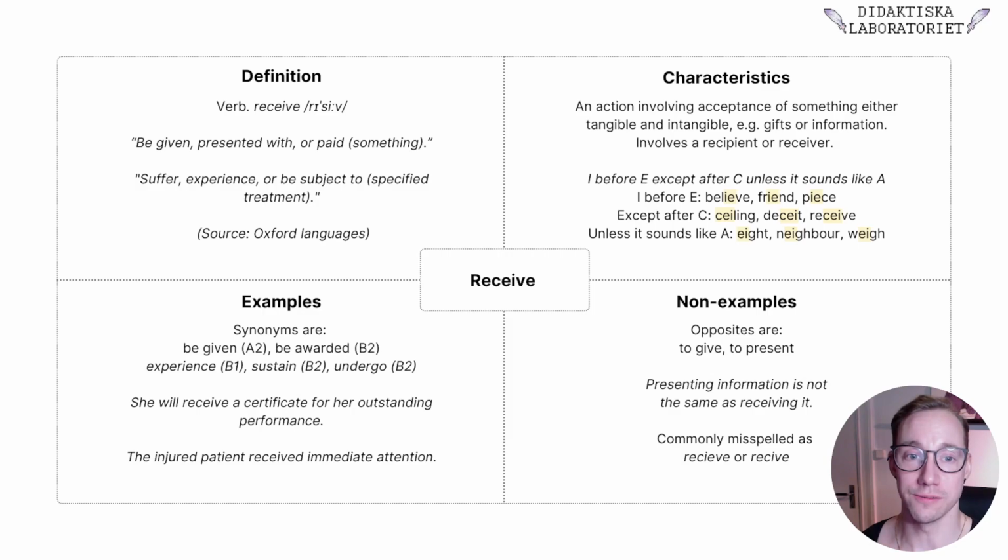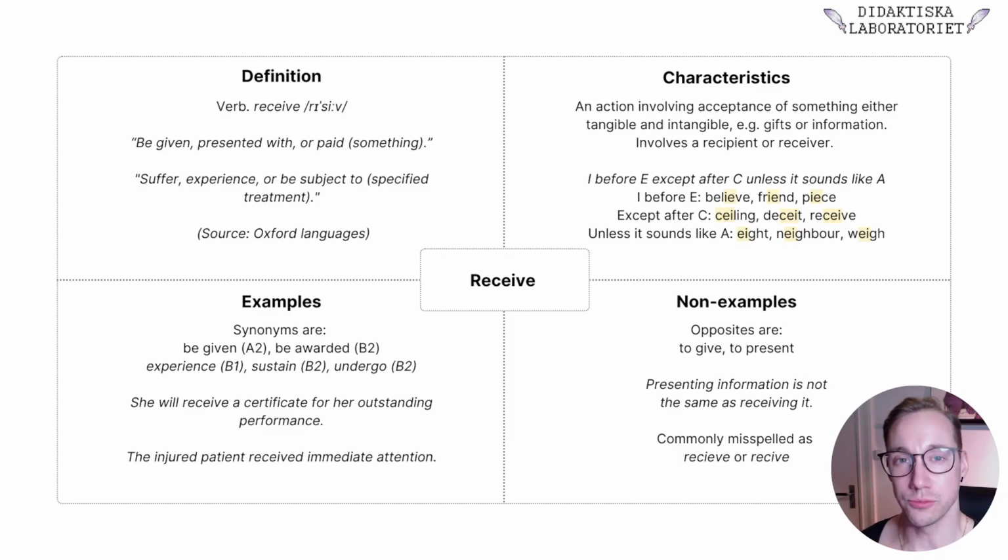An example of something tangible could be gifts or presents. You receive a Christmas gift, for example, and something intangible could be information, which is not something that you really can hold on to. Receiving involves a recipient or a receiver.